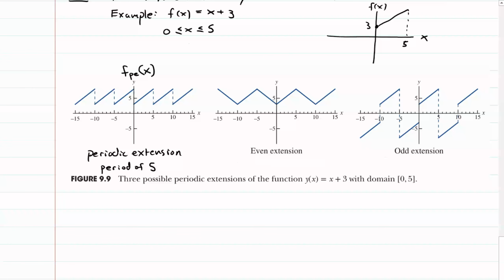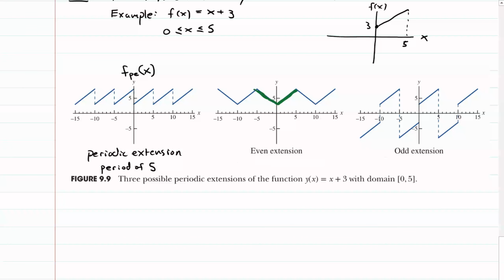Now take a look at the second one. This also matches the same function between 0 and 5. But look what happens outside of it. It's doing something different, but it's still periodic. How did I come up with this function? What I first did is I took the original function, which was this part, and then I reflected it over the y-axis, and I got this part.